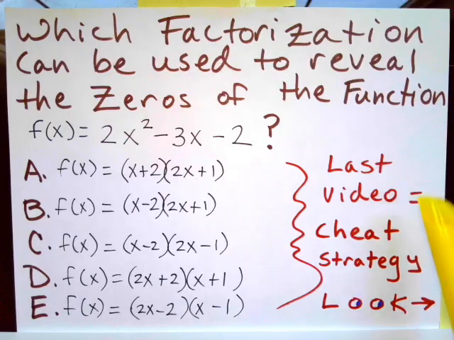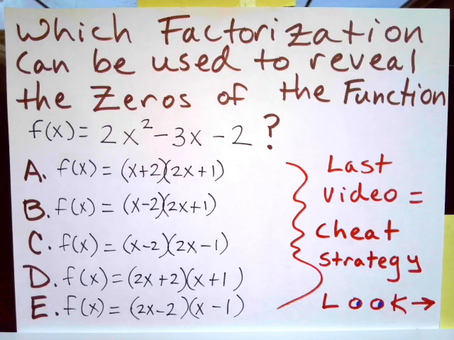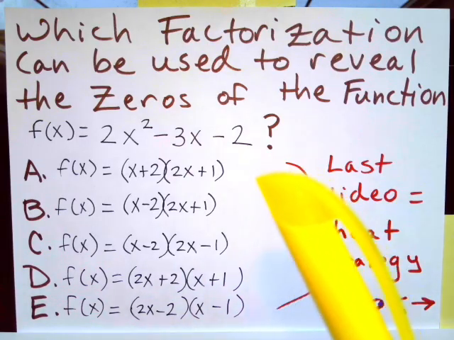Check out that very last video in the sequence. It shows you, after we go over the techniques for FOIL, because you're going to FOIL A, B, C, D, and E if you have to, in order to find the correct answer. And if you understand the FOIL, you can use one quick technique, kind of like a cheat, in order to find the correct answer fairly quickly.